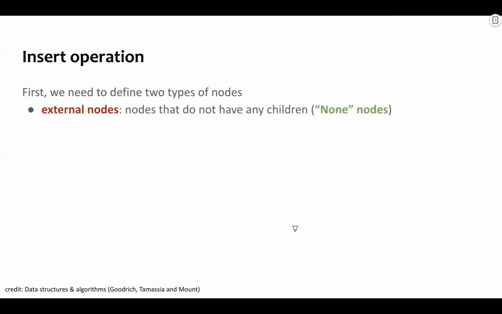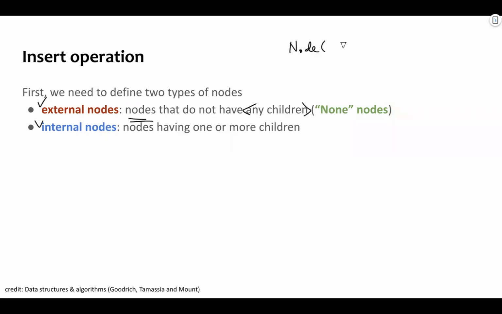First, we're going to talk about the insertion operation. First of all, we need to define two types of nodes. As I told you, there are external nodes and internal nodes. External nodes are nodes that do not have any children. In the previous classes, we defined the node class.